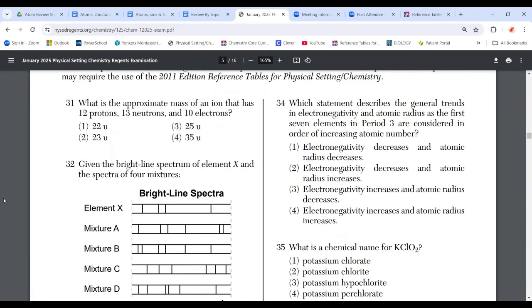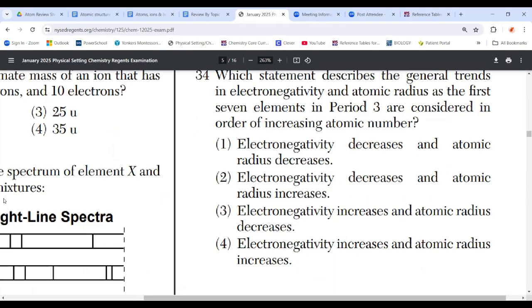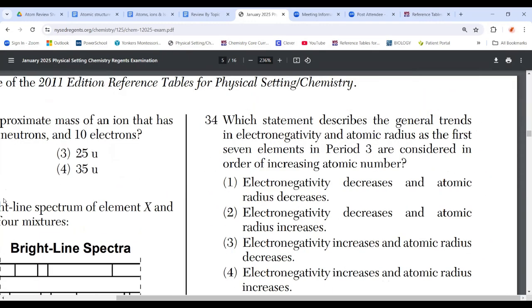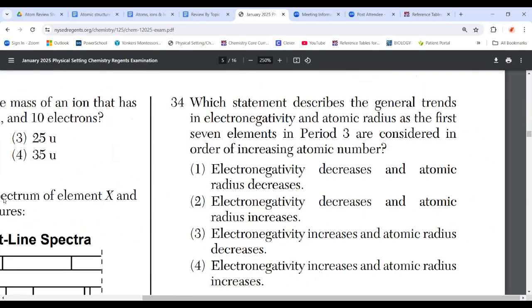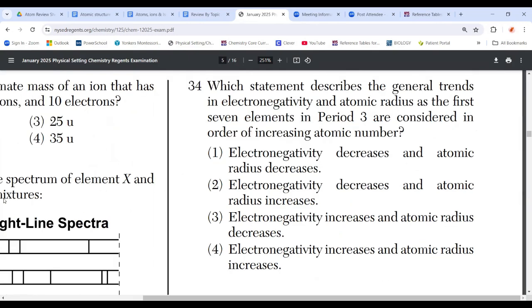There is a pattern to them: electronegativity and ionization energy have the same pattern on the table, and atomic radius has the opposite pattern. As electronegativity is going up, ionization energy is increasing. Make sure you know the definition of ionization energy, and that atomic radius is decreasing because they're doing opposite things.